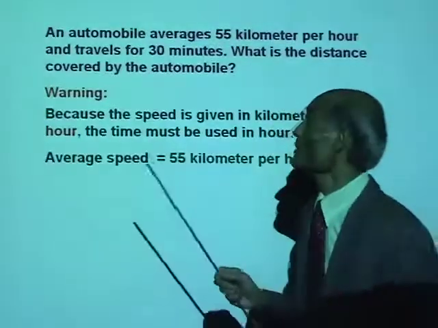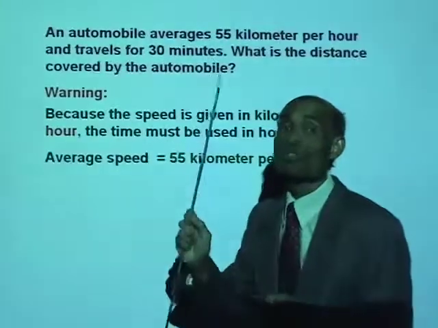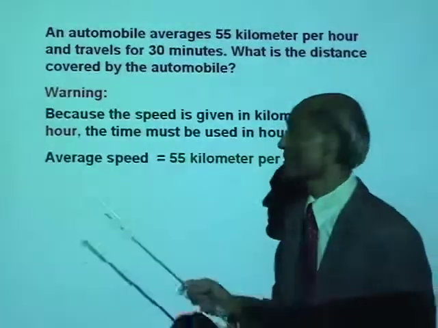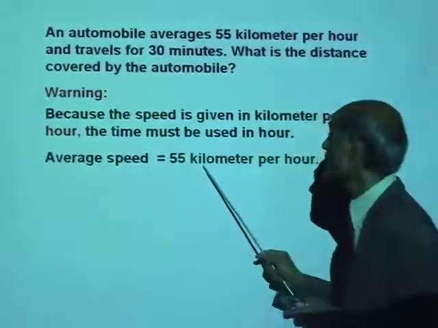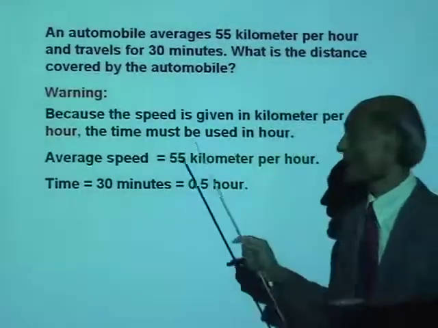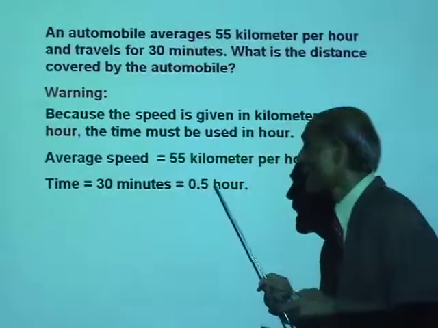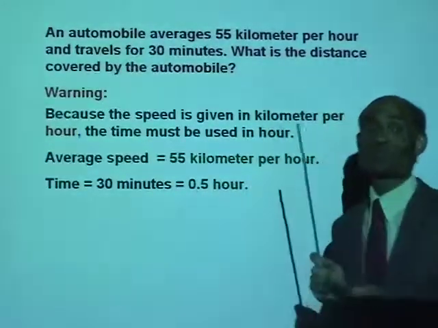And therefore, you must say the time given is 30 minutes, which is half an hour. Average speed is 55 kilometers per hour. And time is 30 minutes, which is half an hour, 0.5 hour.